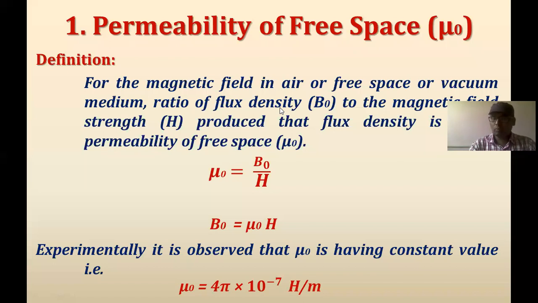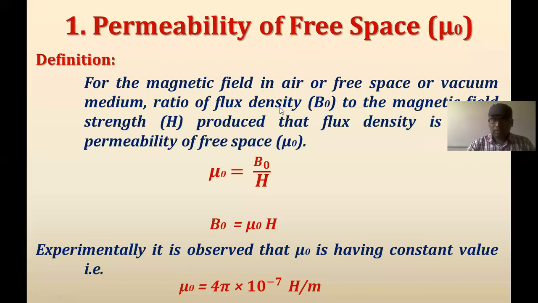The ratio mu zero is nothing but the permeability of a free space, air or vacuum, and everywhere the value of mu zero always remains constant, and that value is 4 pi into 10 raised to minus 7 Henry per meter. This is the point here. Is that clear?